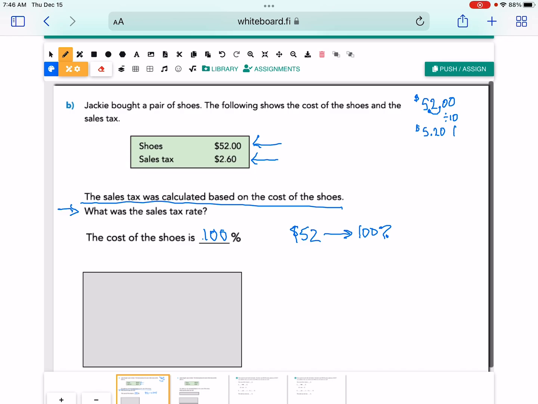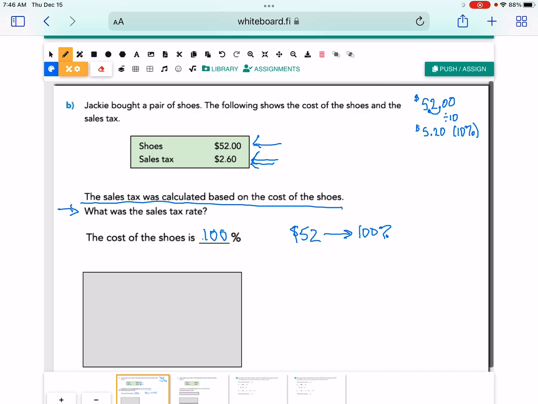And this would be 10%. So 10% of the cost would be $5.20. Well, we see that what we have here is $2.60. And if this were $5 flat, half of 5 would be $2.50. But it's not $5 flat. It's $5.20. Half of that happens to be $2.60.